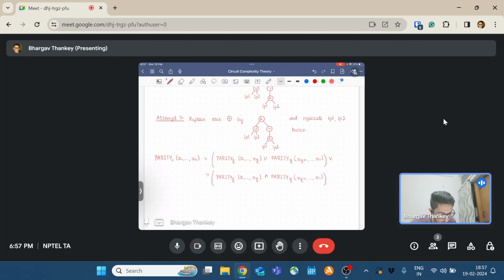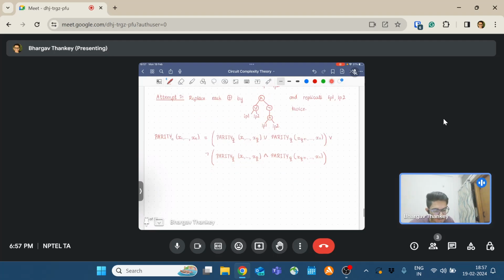I've just written down this circuit very explicitly for the topmost gate. So what's the size of this? It is one additional gate, two additional gates, three, four additional gates, plus four smaller parities, right?